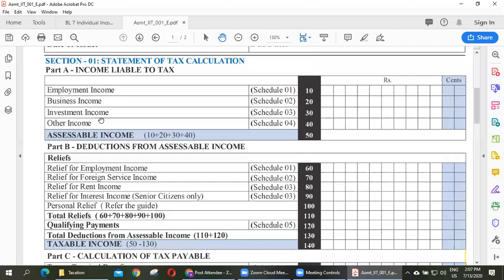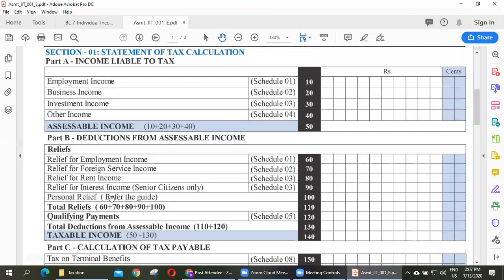Source of income means the way of income. There are also deductions from assessable income. The total of these four sources is called assessable income. From this assessable income, we can deduct reliefs and qualifying payments.